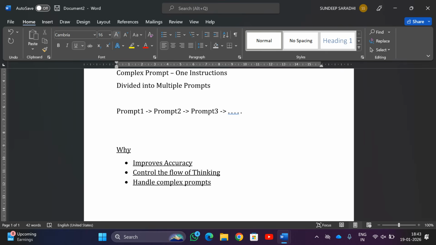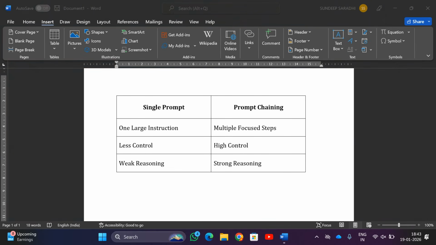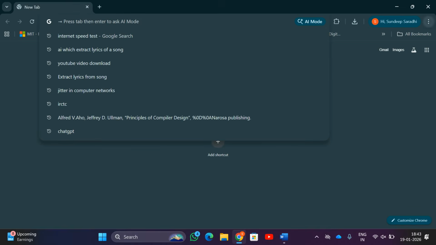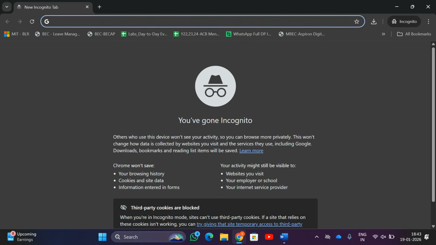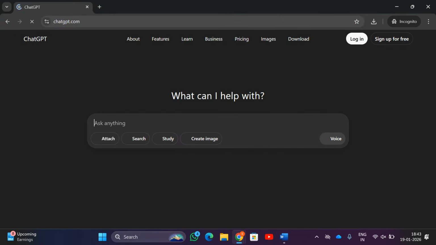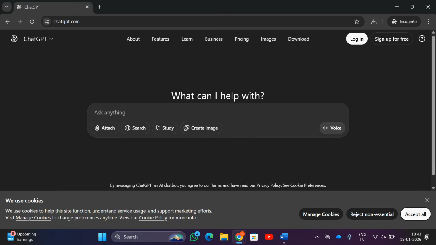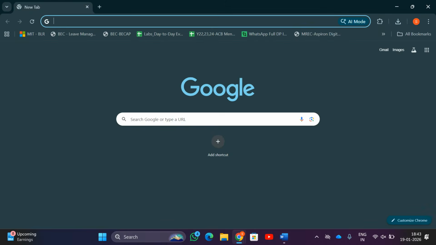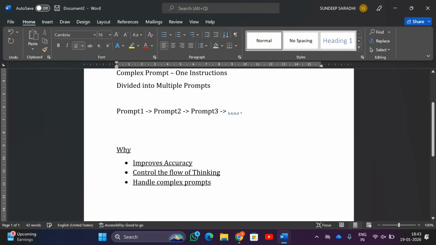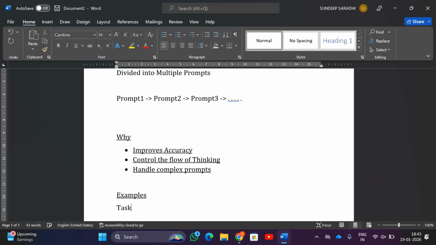Okay, so let us take an example, and I'll start explaining. So go with incognito, and I'll go with ChatGPT. Now, the main task for this example is writing a script for a YouTube video on iterative statements.